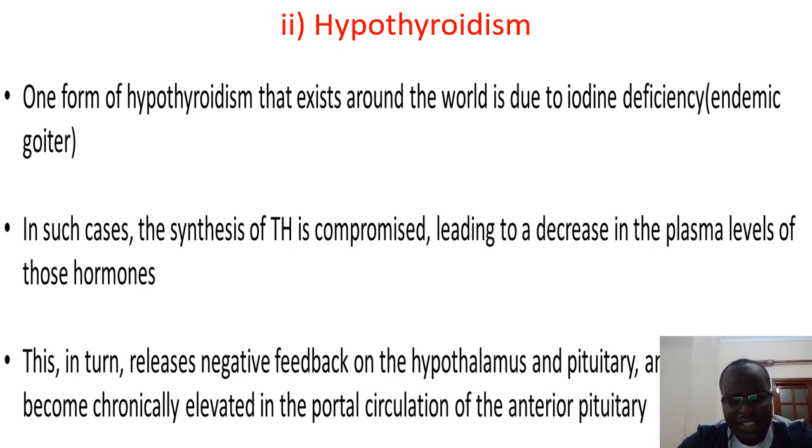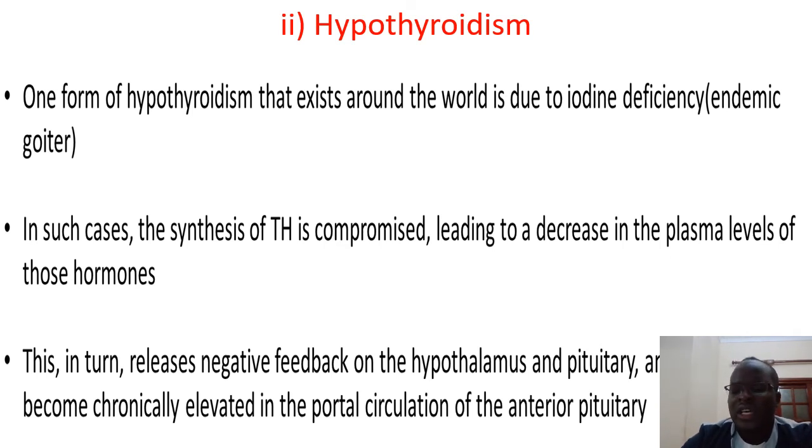So in such cases, the synthesis of thyroid hormone is compromised, leading to a decrease in plasma levels of these hormones. So you are producing less of the thyroid hormones. This in turn releases negative feedback on the hypothalamus and the pituitary gland, and the thyrotropin releasing hormone levels become chronically elevated in the portal circulation of the anterior pituitary gland.